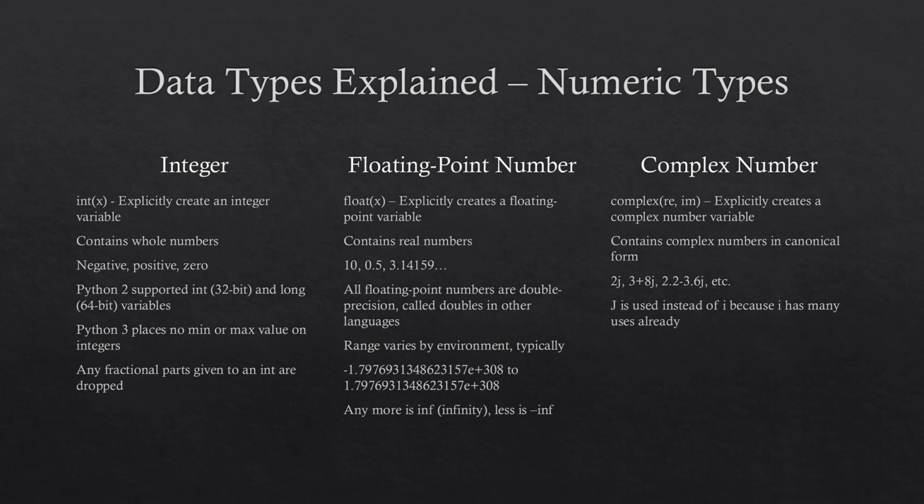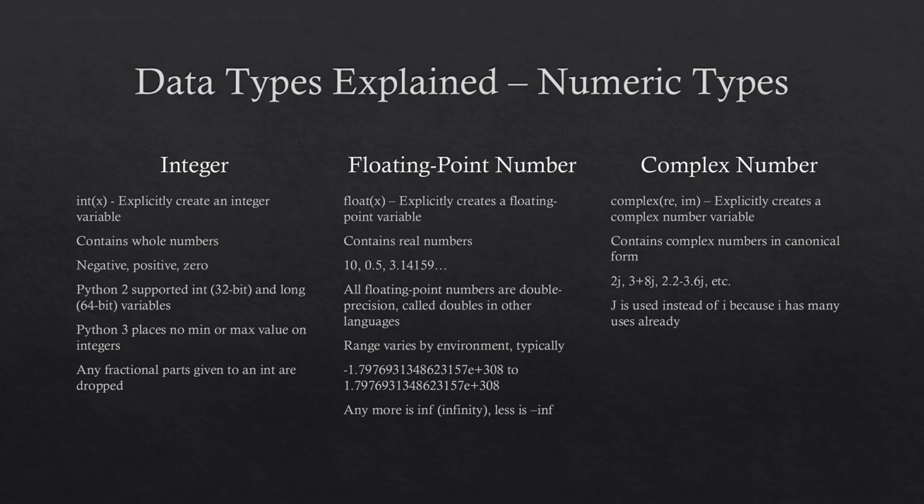Anything that involves a decimal point is a floating point number. You might also call these real numbers, because yes, we can have an integer in a floating point number. It's just going to include a 0.0 at the end.